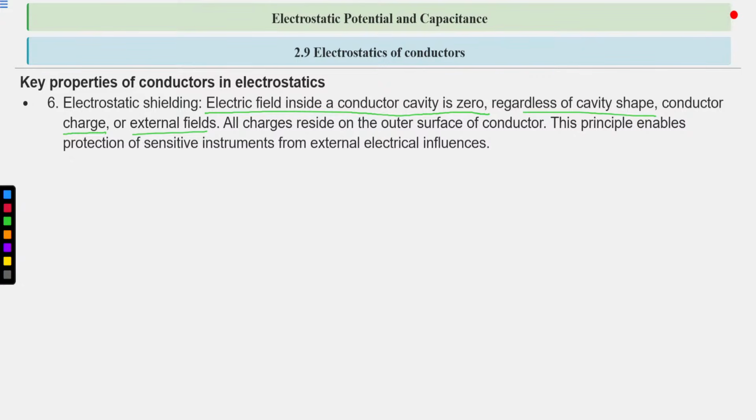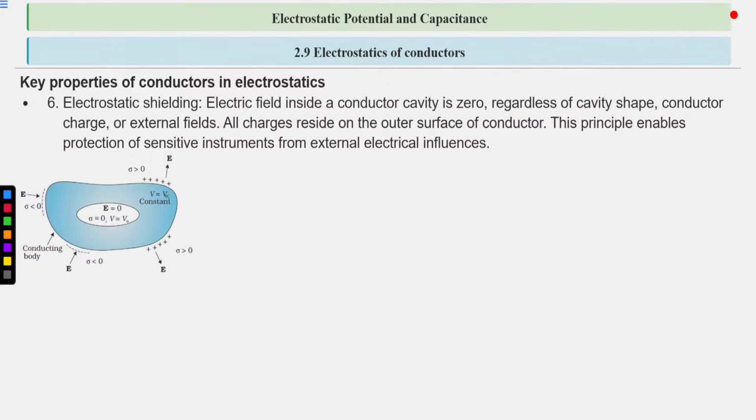It is always zero. So all charges reside on the outer surface of the conductor. We know that from the key properties. This principle enables protection of sensitive instruments from external electrical influences.